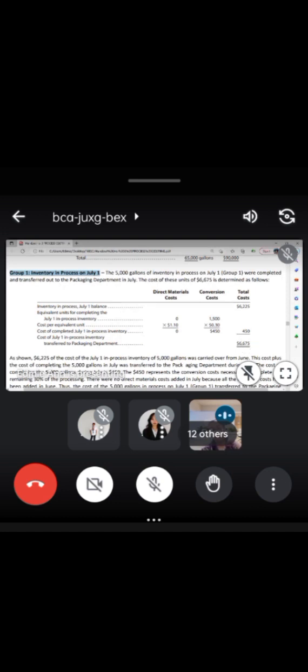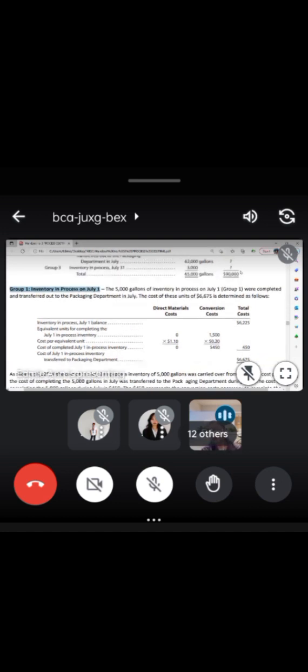So out of the $90,000 nga total cost to account for, si beginning inventory naa siya dire 6,675.